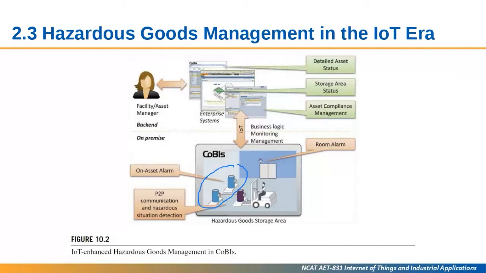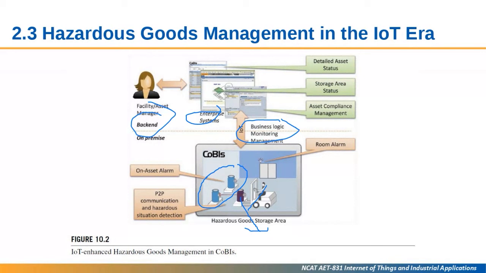And then when people bring another material that may cause fire with the original material, the sensors can feel each other, and then they will give a warning, maybe a noise to the operator, so that the operator knows something wrong has happened and can figure out what's happening. And also, the warning will be sent out to the business monitoring enterprise systems, so that the upper level, for example, the manager, the facility, can know about it. Basically, that's the back end, so they can also take proper action on this.